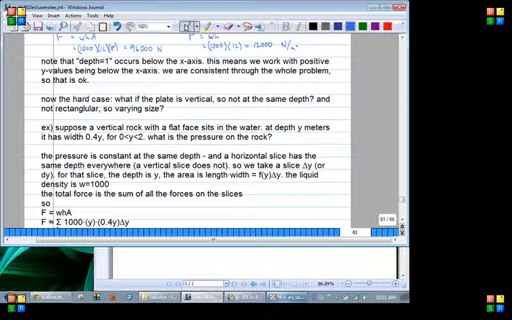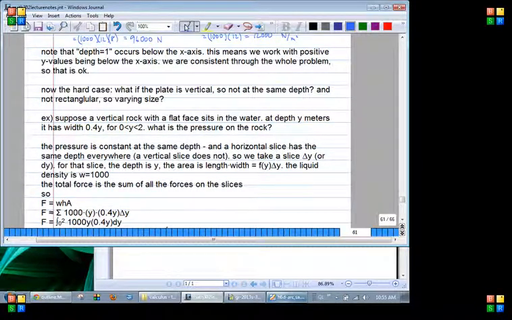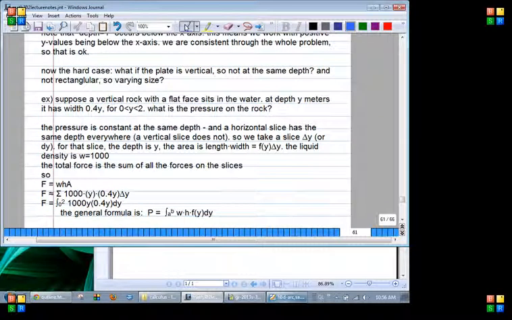And of course, that's an approximation. If we want this to be exact, it's an integral. In this case, an integral from 0 to 2. Okay.